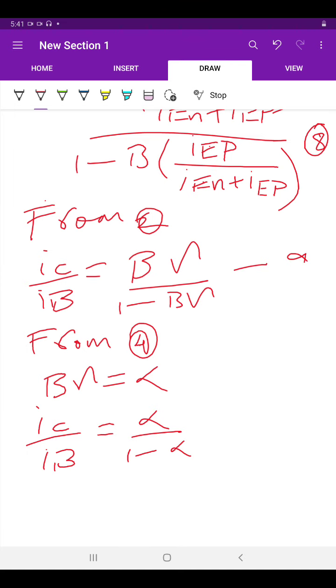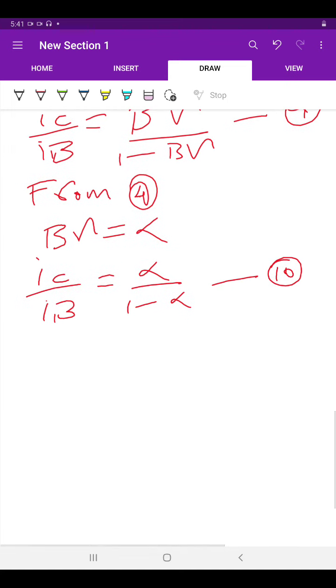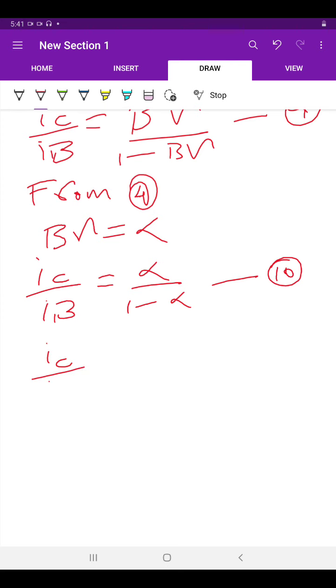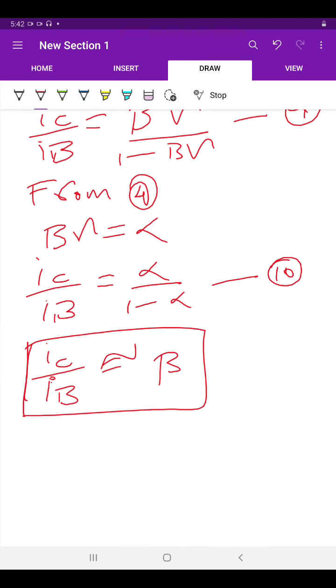We'll take this as 9 and this as 10. So IC by IB is nothing but alpha divided by 1 minus alpha. Now this IC divided by IB is almost equal to beta. So this is equation 11.